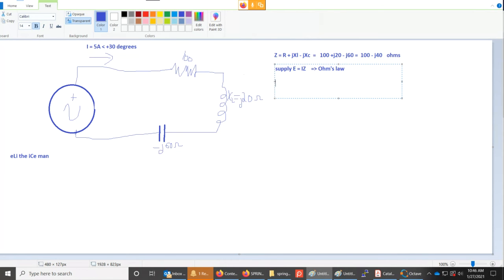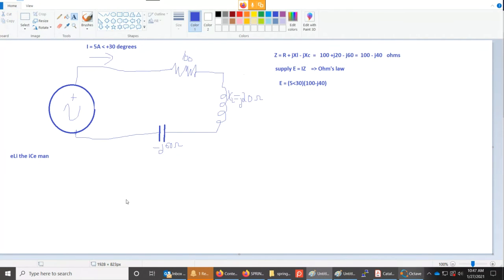So E is going to be my 5 at an angle of 30 degrees, times 100 minus J40. And so that's going to be my supply voltage.